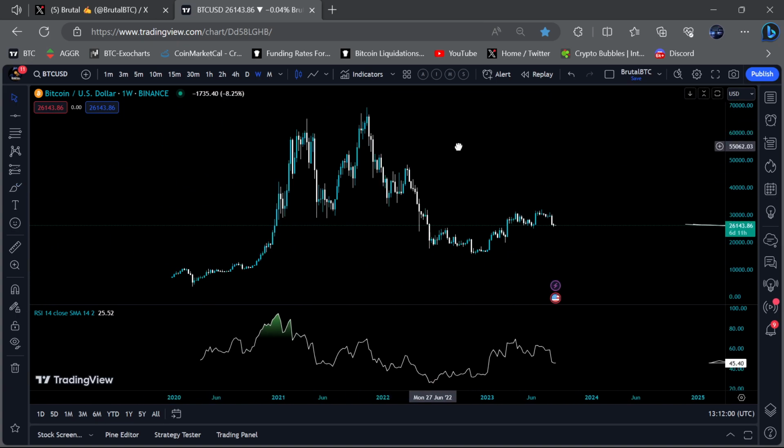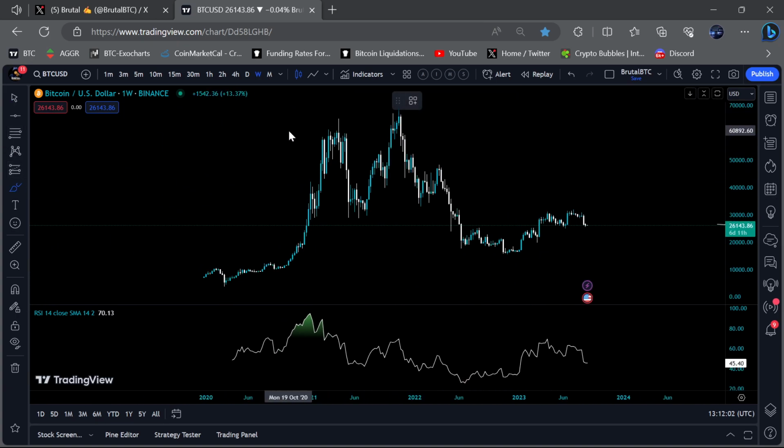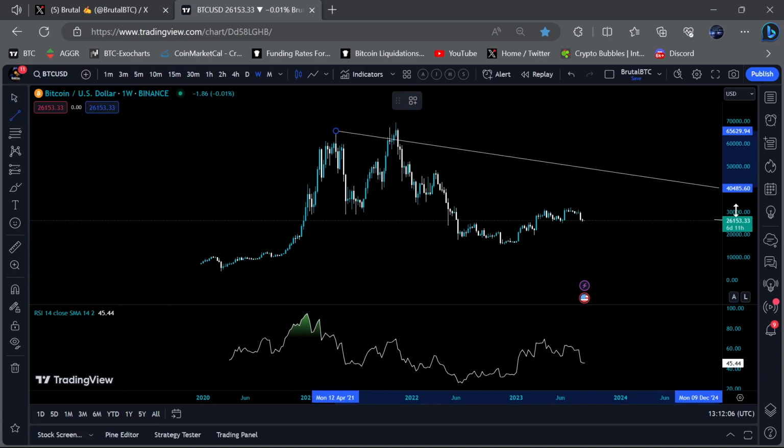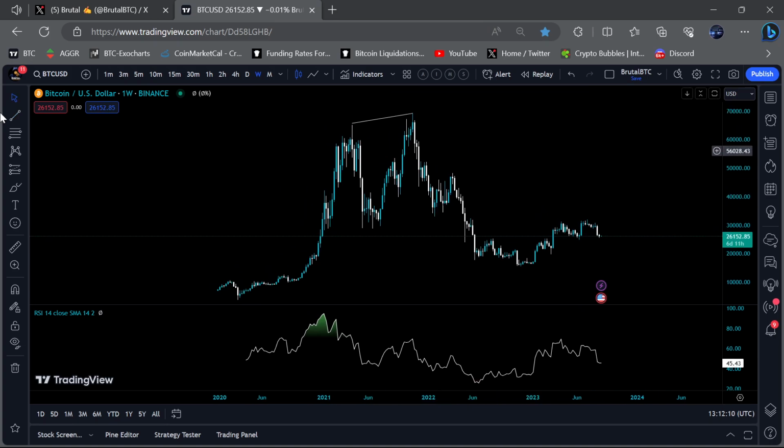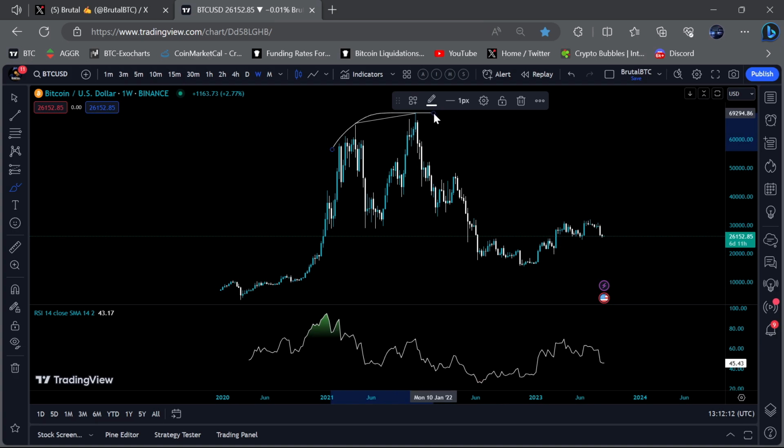Same way, on the opposite manner, look at this. What happened over here? Price made highs after highs, right?